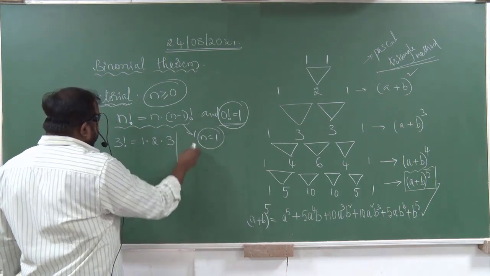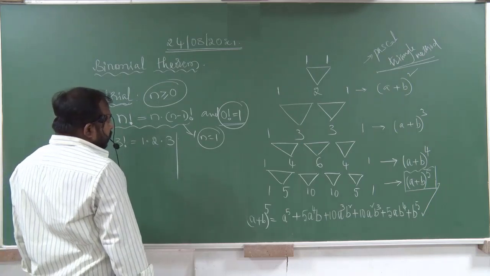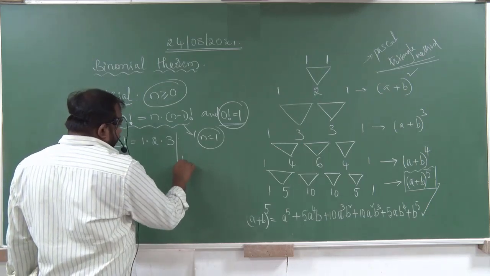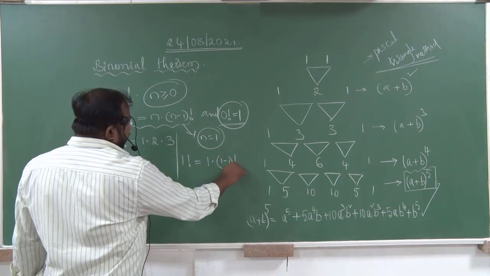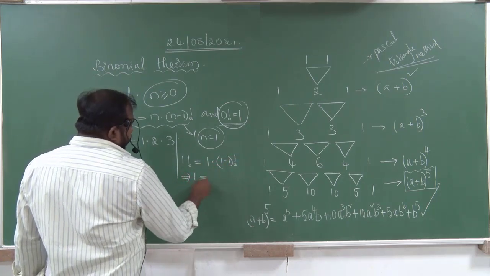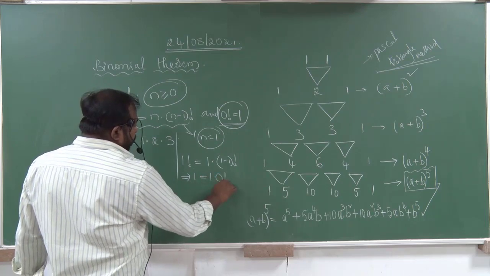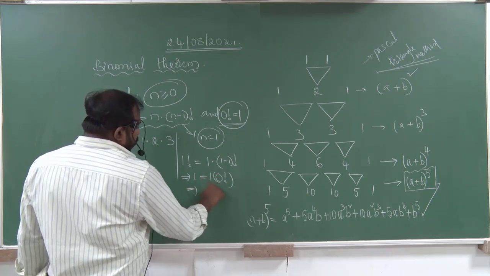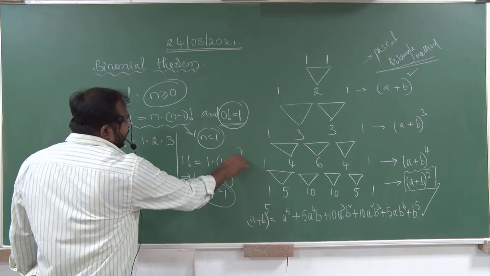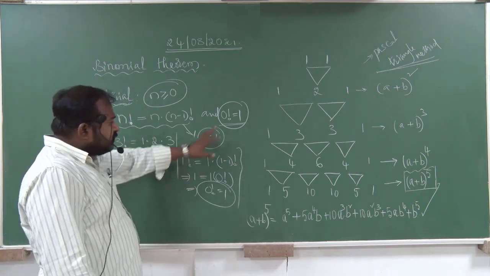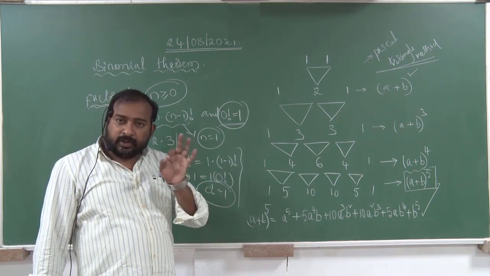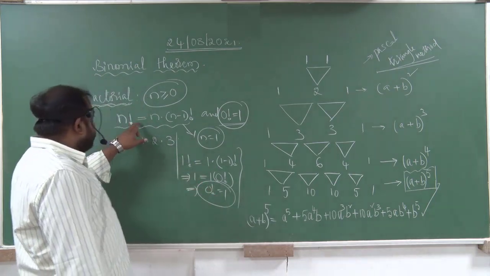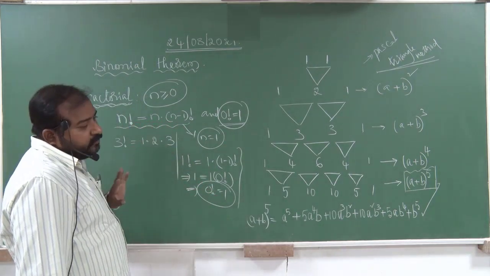If n is 1, 1 factorial equals 1 into (1 minus 1) factorial, which means 1 into 0 factorial. Therefore 0 factorial is taken as 1. The proof is not required; just remember 0 factorial equals 1 and n factorial equals n into (n minus 1) factorial.